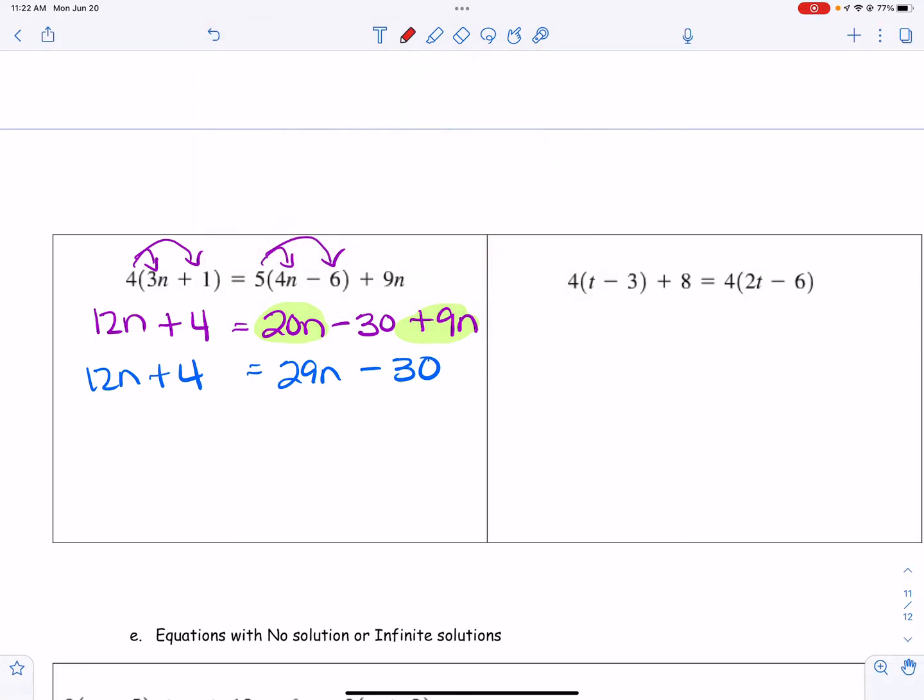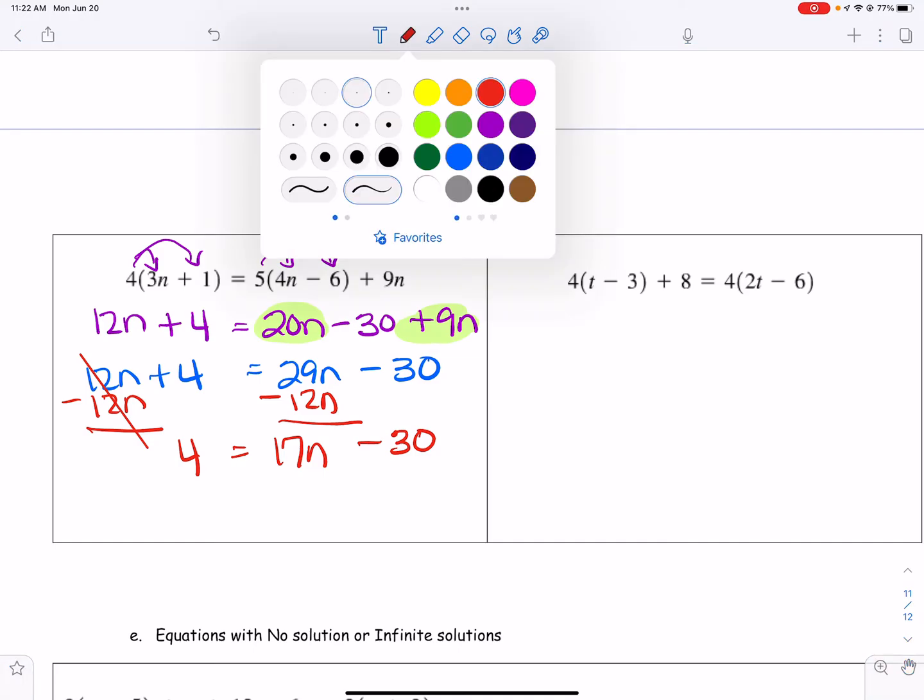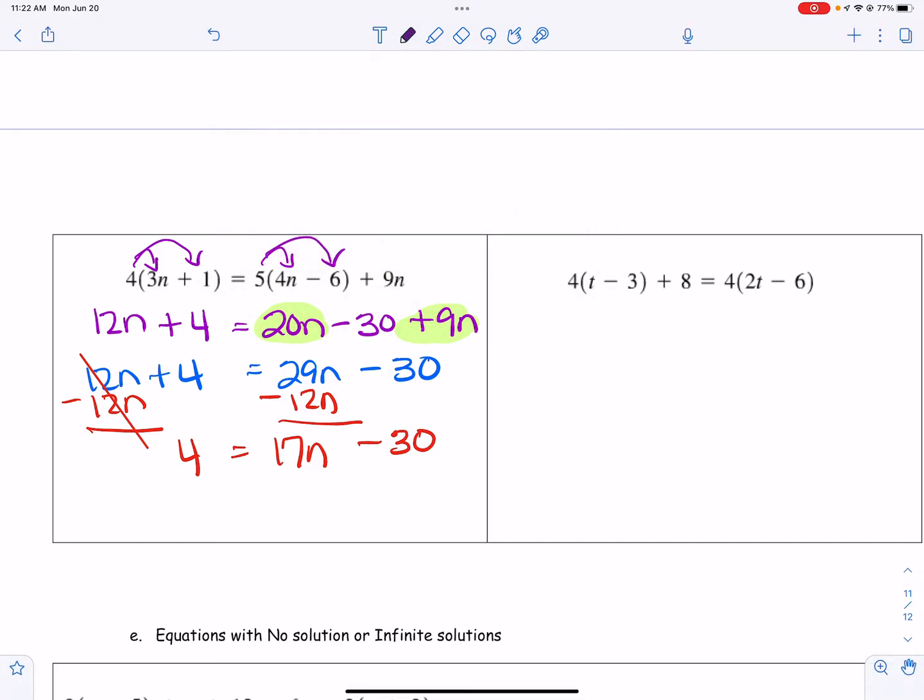So now I am actually going to move the 12n, and it's positive right now. So to make it go to 0, I have to subtract it. That is 0. 4 is equal to 17n minus 30. So now I have a home spot for my variable.